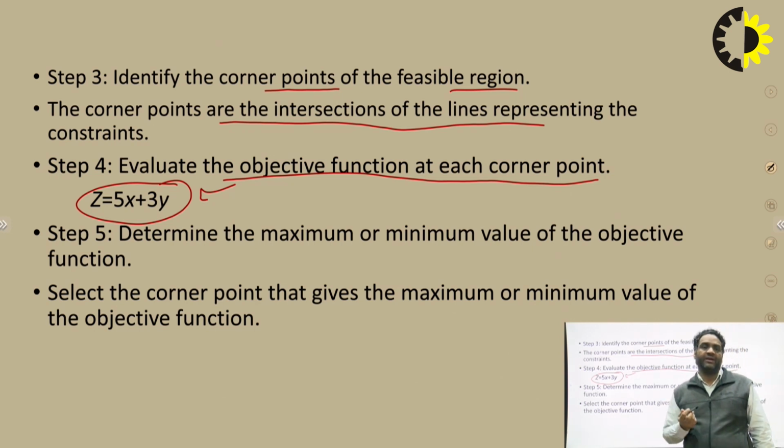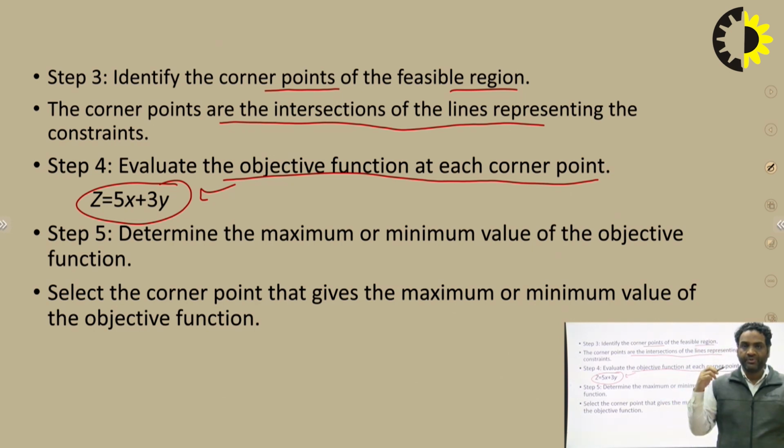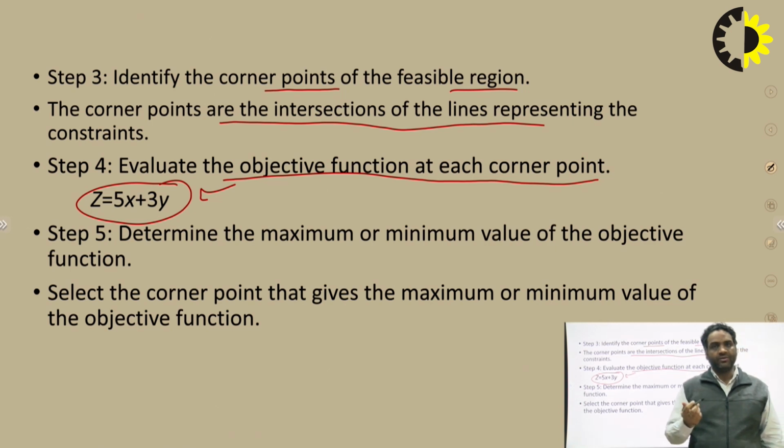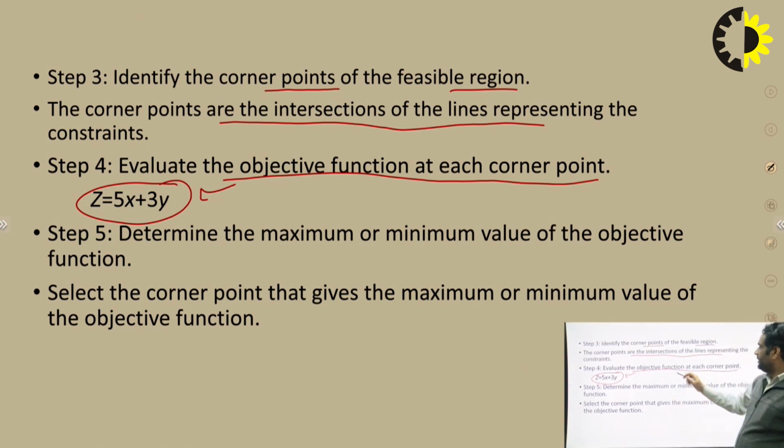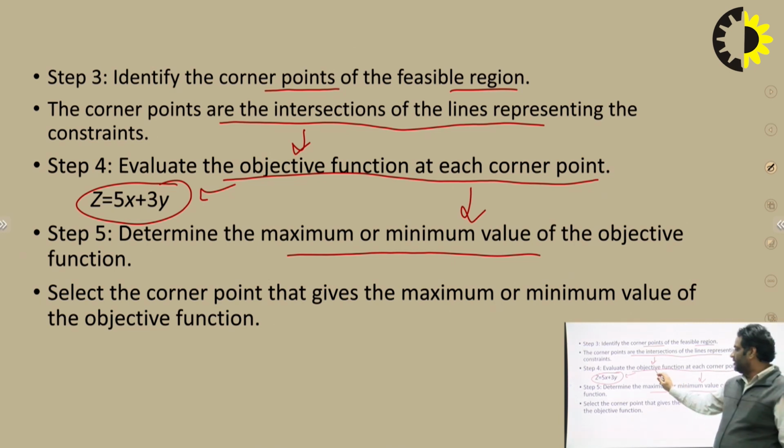This is how we can get the maximum or optimized value of the objective function, and then determine the maximum or minimum value.